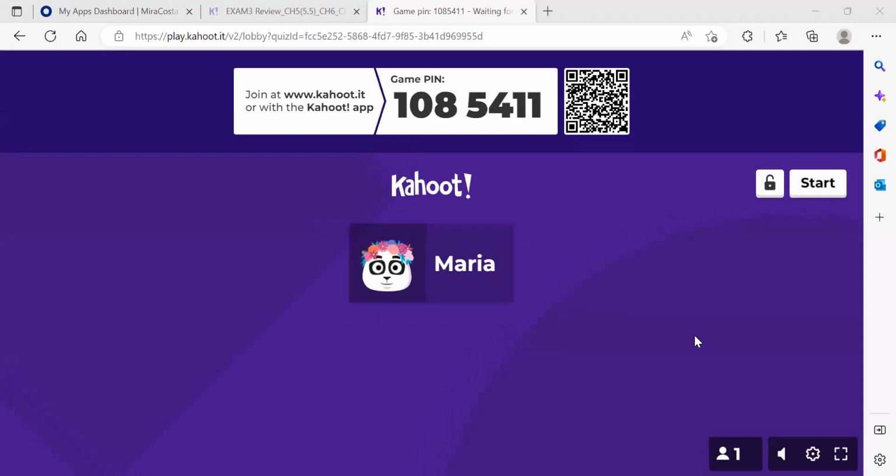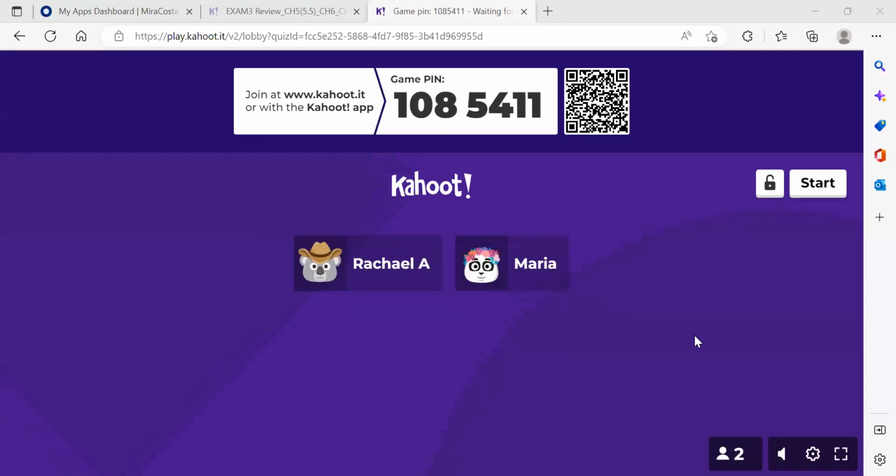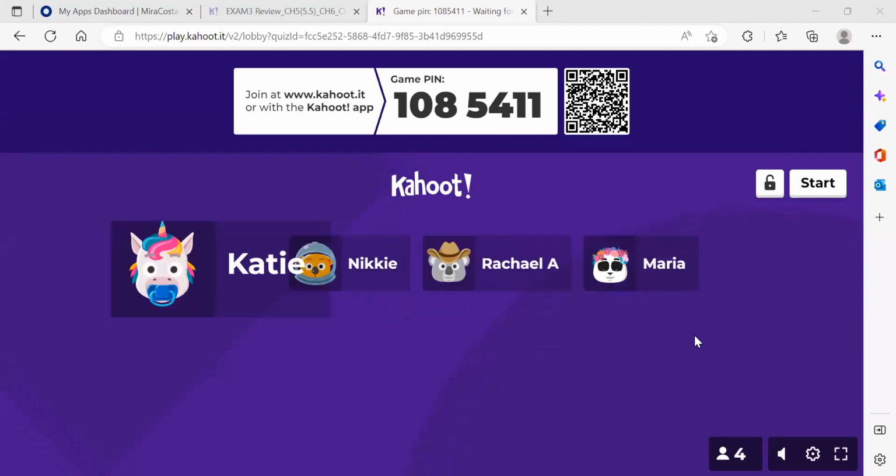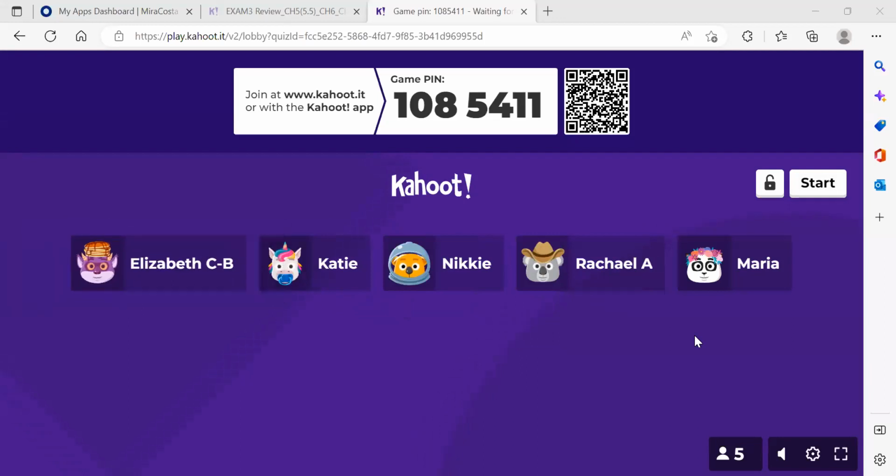We only have 7 students. Oh, Kahoots have little characters now. That's cool. So you can select your own character. That's new. Oh, I like that the personalities for you guys are showing up when I see these characters.